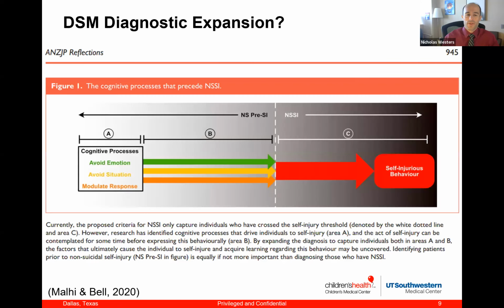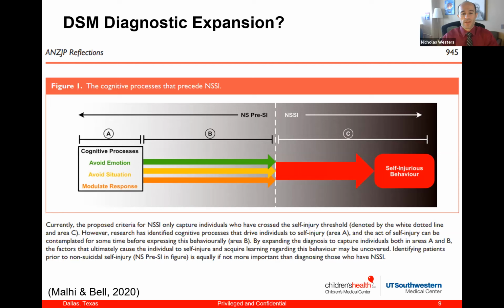I wanted to put this up there. There are considerations of expanding even these diagnostic criteria, because they look more specifically at the expectations, so the cognitions, and then the behaviors. But only those who have actually crossed that threshold and engaged in the behavior would fall under meeting the criteria of NSSI disorder. So here they suggest that there are also those cognitive processes, thinking about self-injury to avoid an emotion or a situation and being able to modulate the response. And then part B talks about how the act of self-injury can be contemplated for some time before expressing it behaviorally.